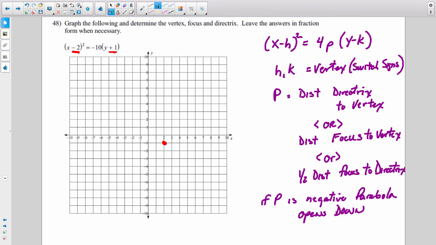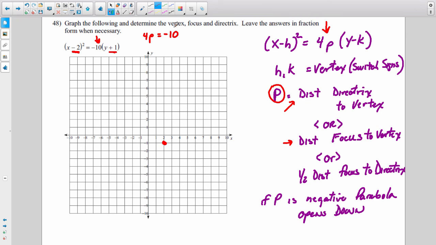Okay, so what's the distance from my focus to the vertex? Or maybe even my directrix to the vertex? I need to know my p. So if I look at this formula, it says 4p goes right here, right? If I look at the given equation, my 4p was set equal to -10.